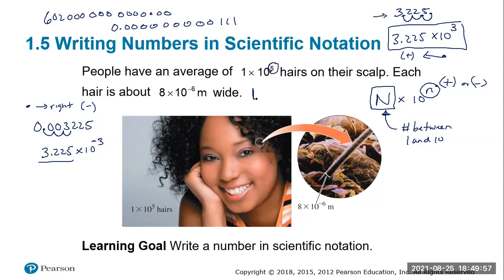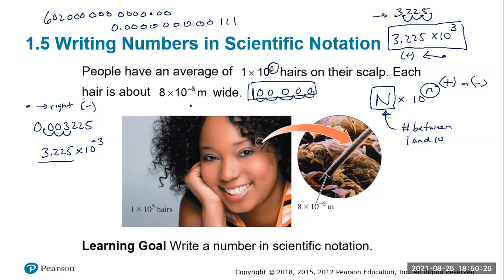I would then go 5 places this way and add some zeros, right? So 1, 2, 3, 4, and 5. So we go backwards, 1, 2, 3, 4, 5, and this would be turning that number into a regular number, if you will, as you go that way.